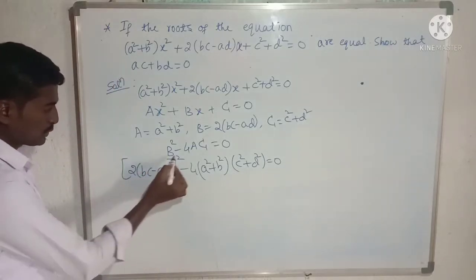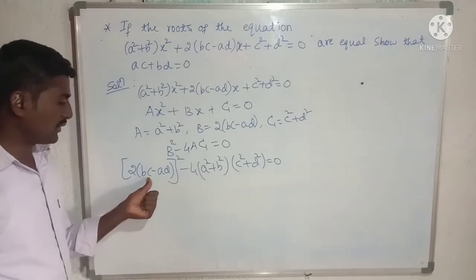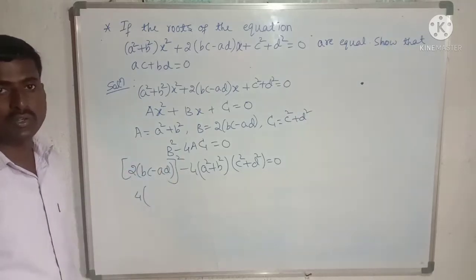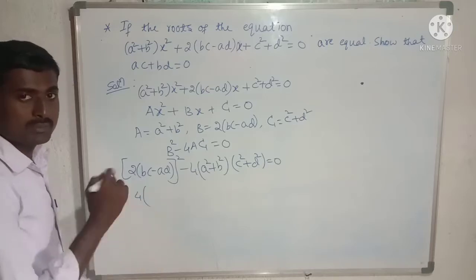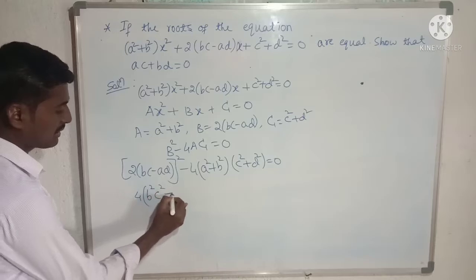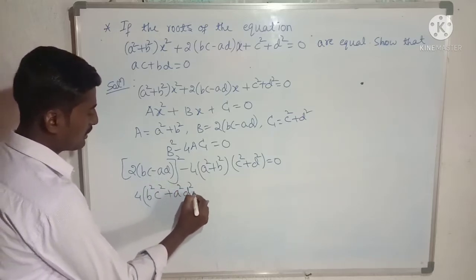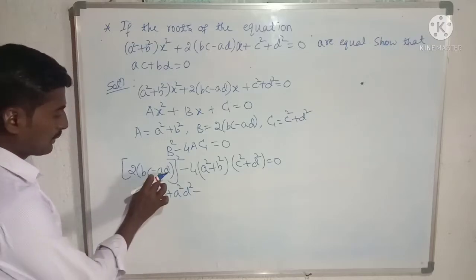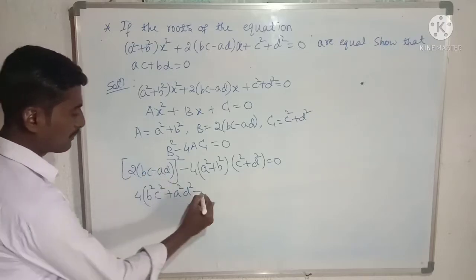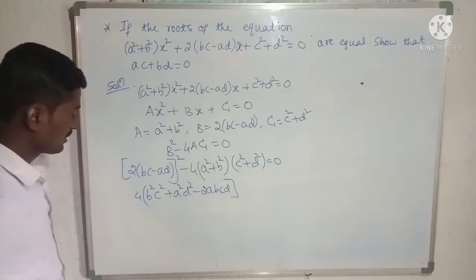Now 2 square is nothing but 4 into, this is of the form (a minus b) whole square formula, a square plus b square minus 2ab. So it is nothing but b square c square plus a square d square minus 2abcd. Okay.